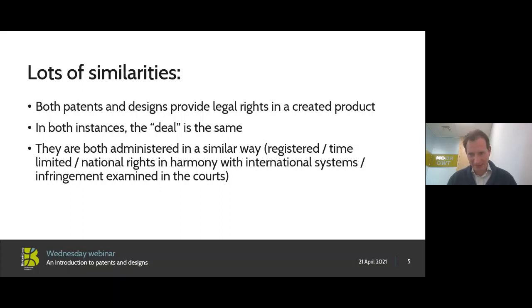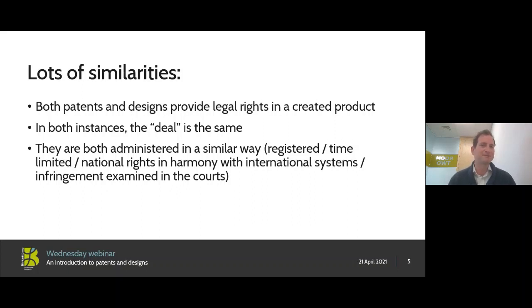Technology marches on, people get to see what you've made, they get to read about it in the published patent specification or in the design specification, and they get to stand on the shoulders of what you've done and create inventions that may take inspiration from it. So that's what I mean by there being a kind of deal related to the disclosure of patent or design information.